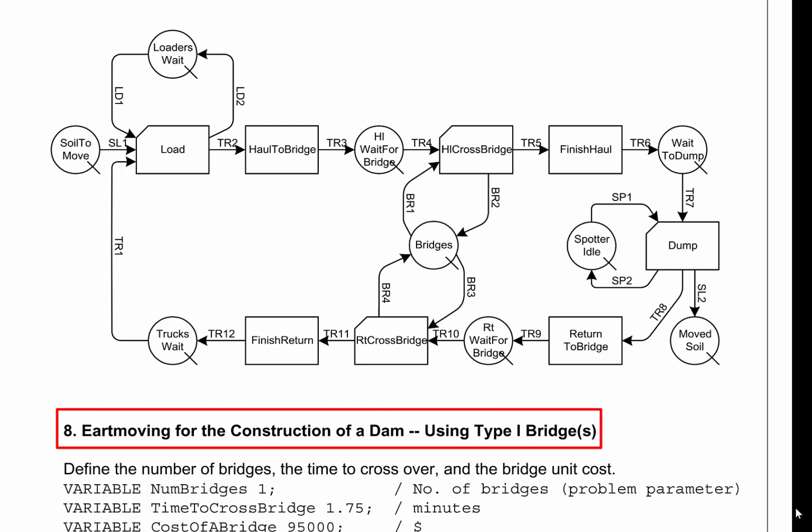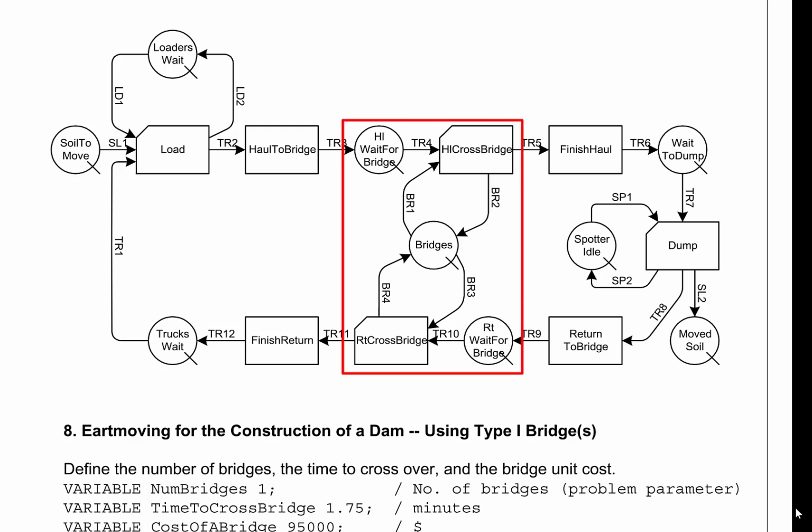Model 8 is similar to Model 7, but introduces the bridges that the trucks have to cross over the small river. This model uses a Type 1 bridge, which is a one-way bridge.